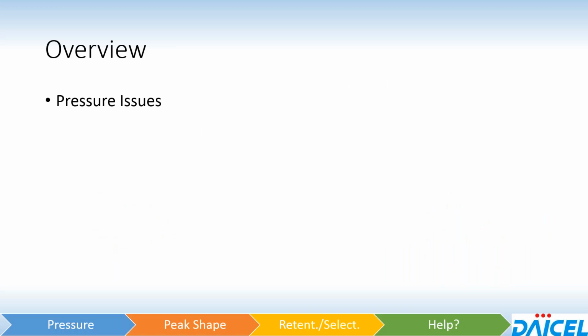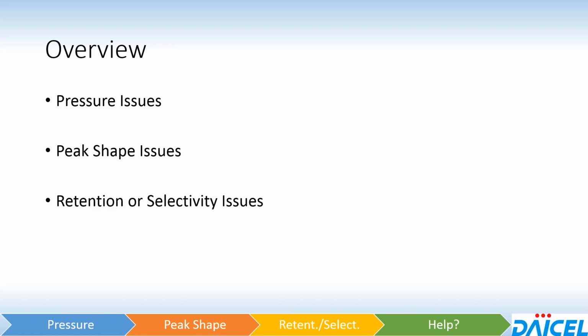If we take the main issues that most customers face with chiral columns, the biggest one we often see is pressure issues. So that will be a section we deal with. The second one is peak shape issues, related either to the chromatography or to the columns themselves, as well as retention or selectivity issues.